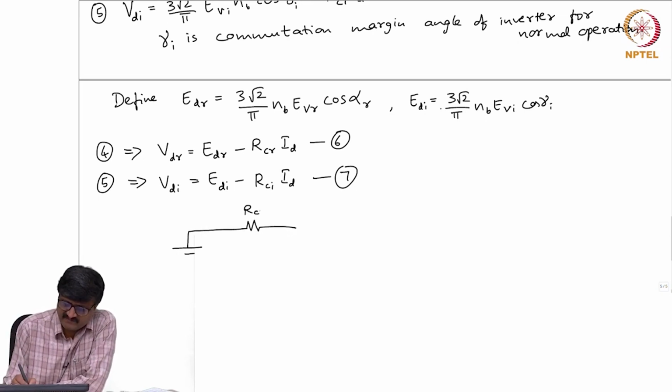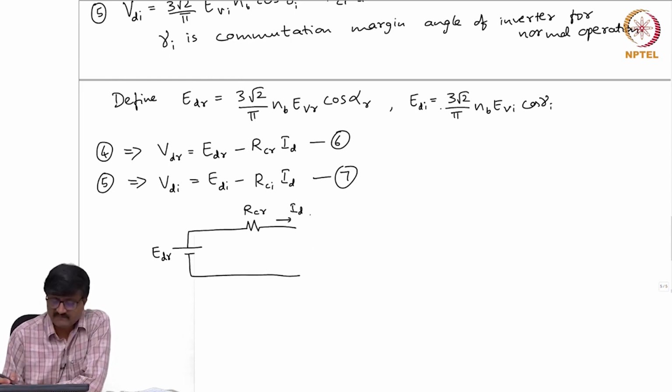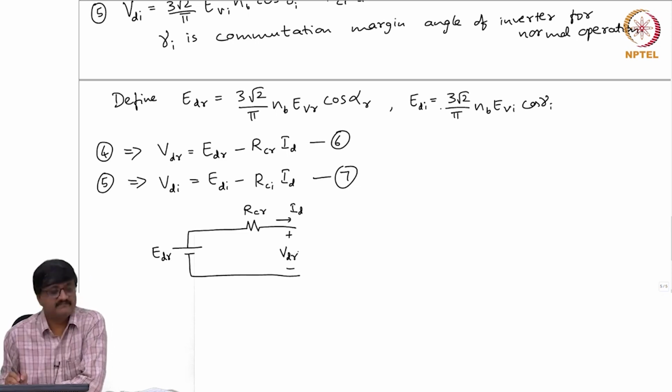The resistance is RCR, the voltage source is EDR, the current flowing is ID, and the voltage at these two terminals is VDR.